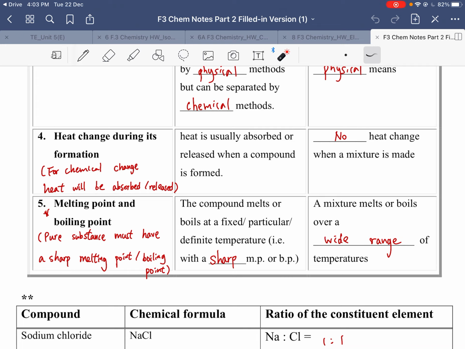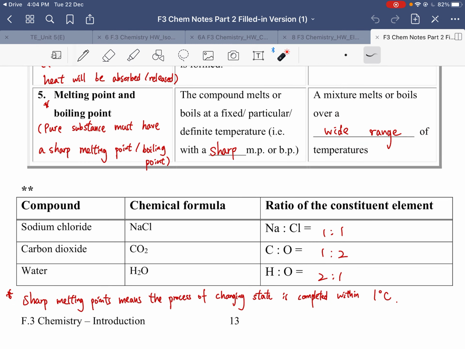Of course, you don't need to remember 1 degree Celsius, but you need to know that a pure substance, for example a compound, will have a sharp or definite melting point and boiling point. But a mixture is not pure, so for an impure substance, it will melt or boil over a wide range of temperatures.